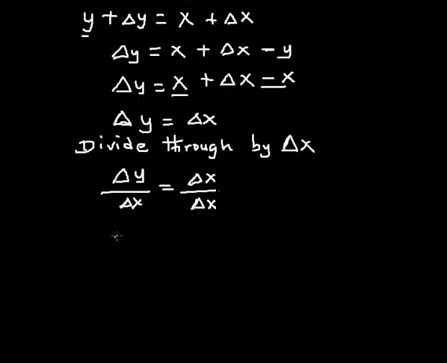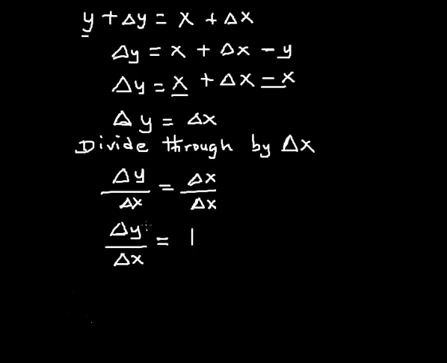Now I've got my delta y over delta x, which of course is the gradient. Remember, in the first principle, the very first thing we need is our gradient. By the time we have our gradient, we can find the limit. Delta x divided by delta x will give me 1. So this is my gradient.